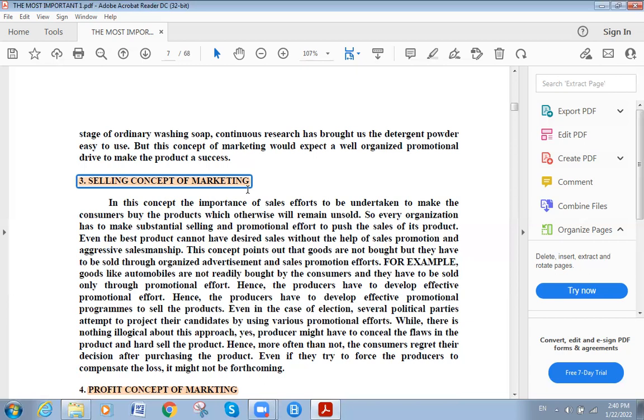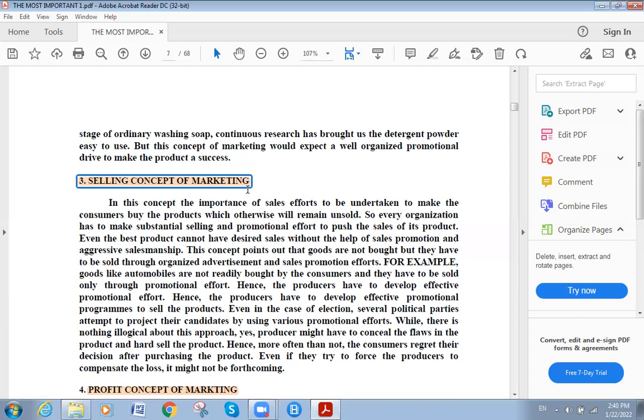So everything was fine. But we came to a point where the supply was greater than the demand. So there was stock. Everywhere you would find products there, and no buyers.